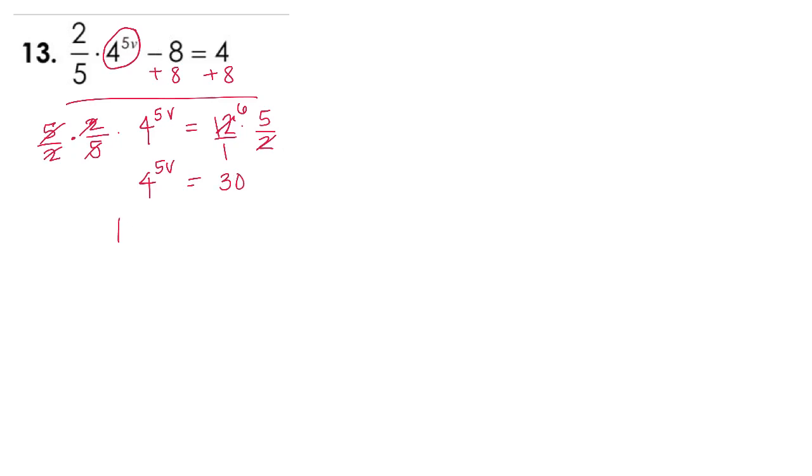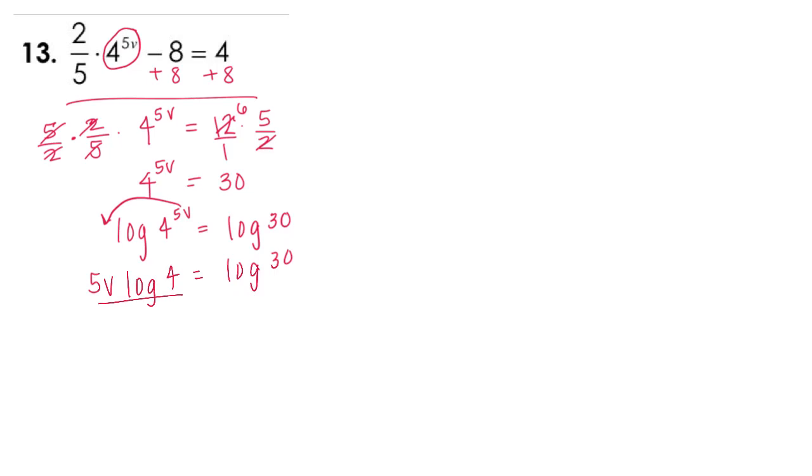Now we're back to the types of problems we've been working with. And so we're going to do the log of both sides. And then that's going to allow us to move our exponent down. So 5v times log 4 equals log 30. And again, we're going to go through and divide both sides by log 4.